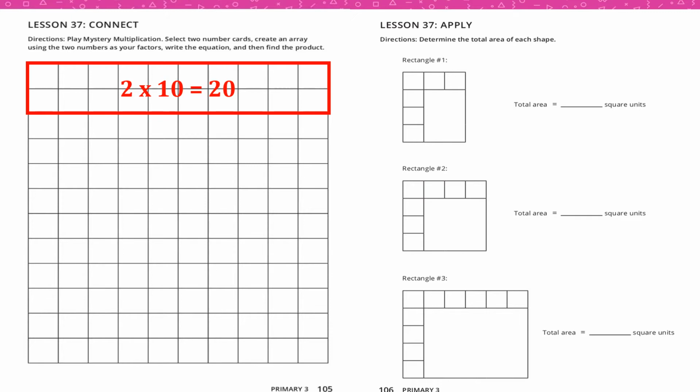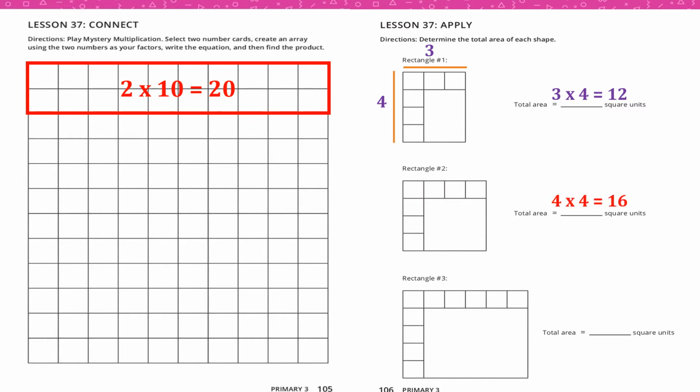Here in rectangle 1, how many squares here? 3. And here 4. So 3 times 4 equals 12. Now rectangle 2. How many squares in the horizontal line? 4.